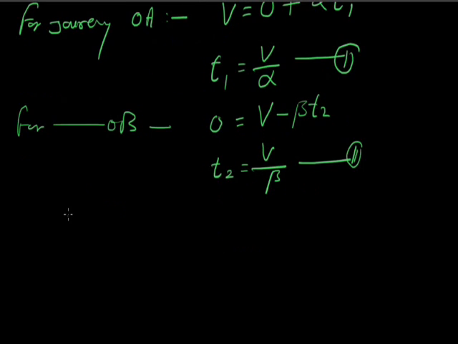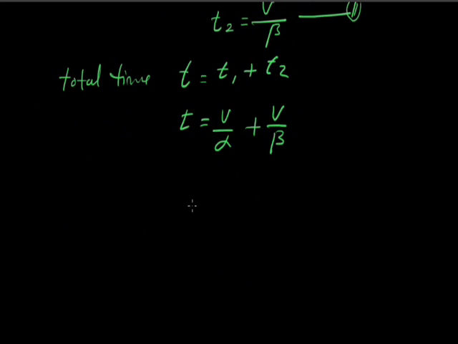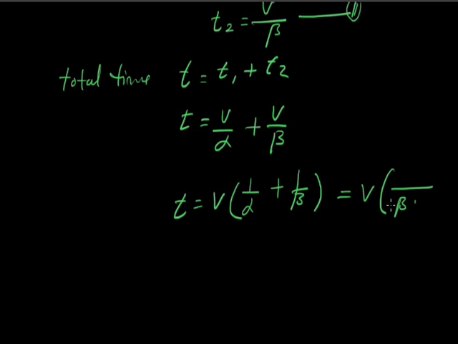Now the total time t is equal to t1 plus t2, equal to v upon alpha plus v upon beta. v is taken as common, so v into (1 upon alpha plus 1 upon beta) is equal to v into (alpha plus beta) upon alpha beta.